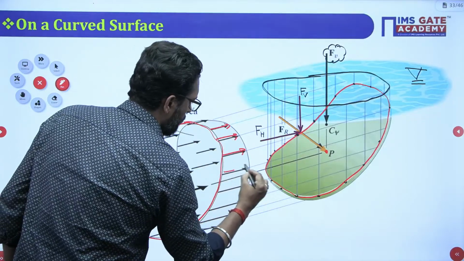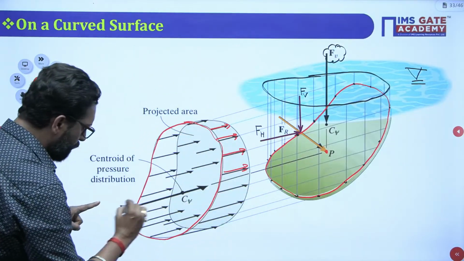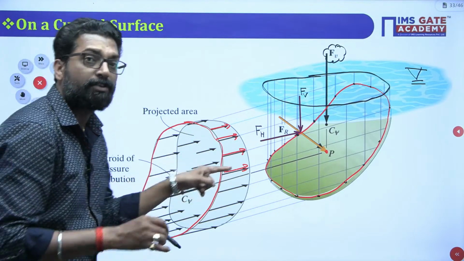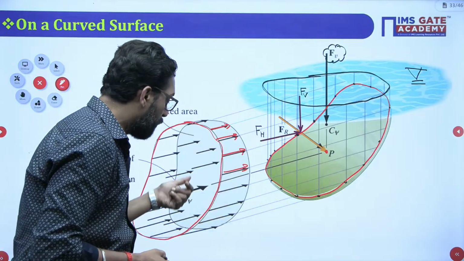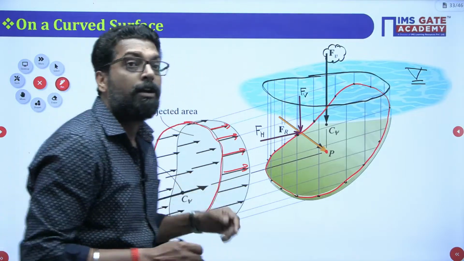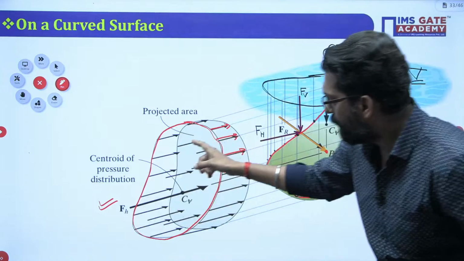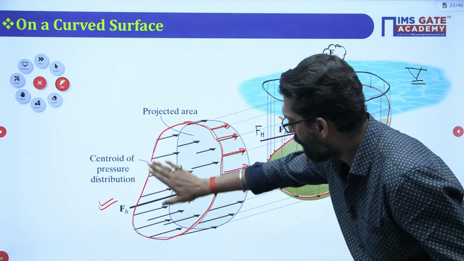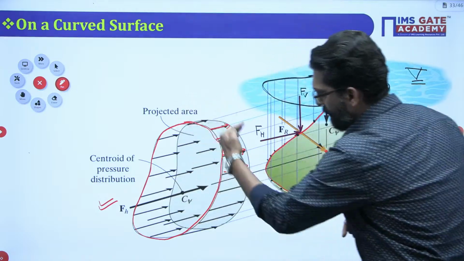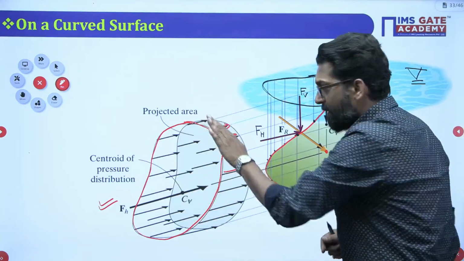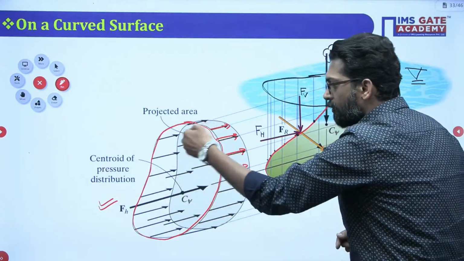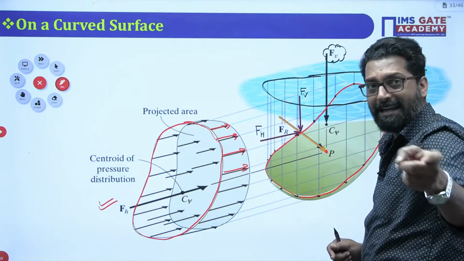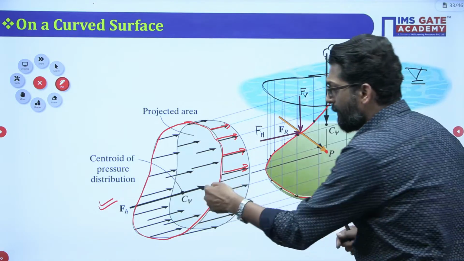So the resultant of this pressure force is your horizontal force. This is your pressure diagram, yes or not? This is your pressure diagram horizontally. What is the center of that pressure diagram?